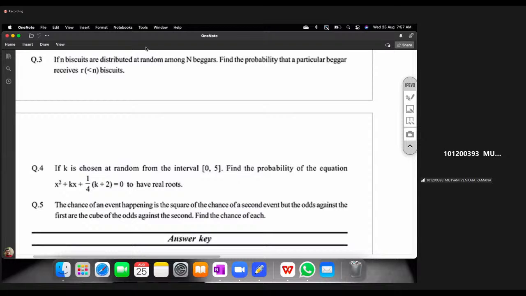So what is the first question? If n biscuits are distributed at random among n beggars, find the probability that a particular beggar receives R biscuits.